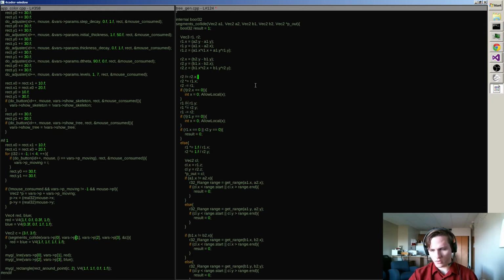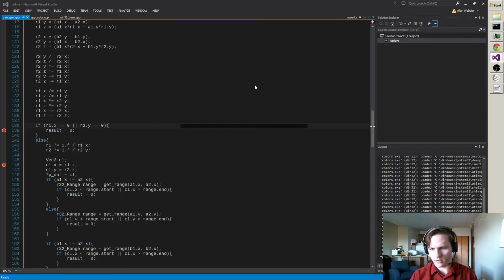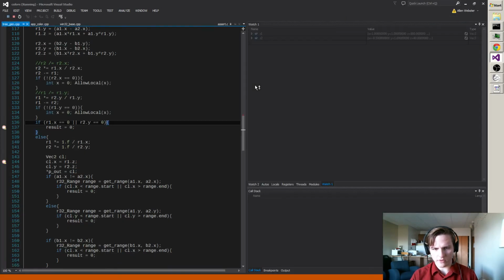Something went wrong. And actually divide by equals doesn't exist, so I'll even take those out real quick. And there. Okay, so that is literally back to where we started, where the math was usually working.